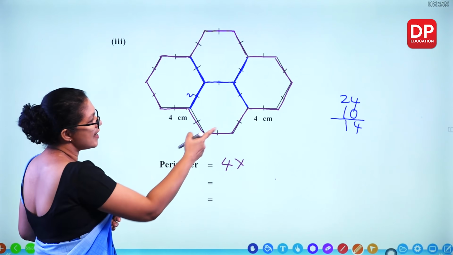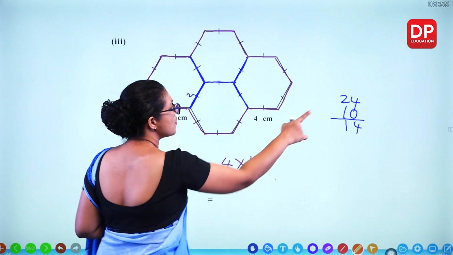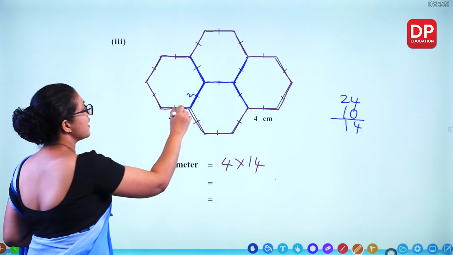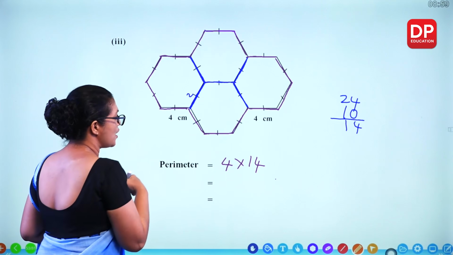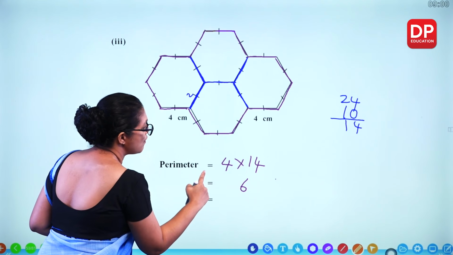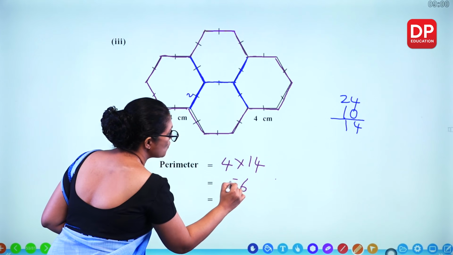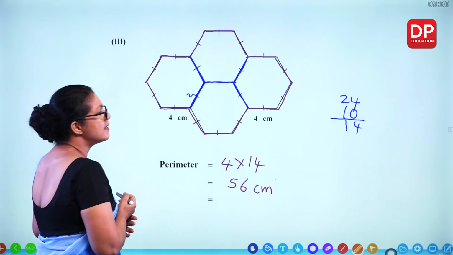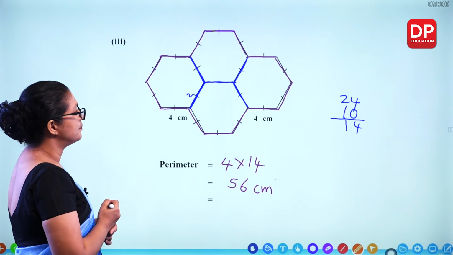So 14 sides are correct. So either you can use this method or this method, but I think it is better to take the outer length and find out the perimeter. 4 times 4, 16 and 4 times 1, 4, plus 1, 56 centimeters is the combined perimeter.